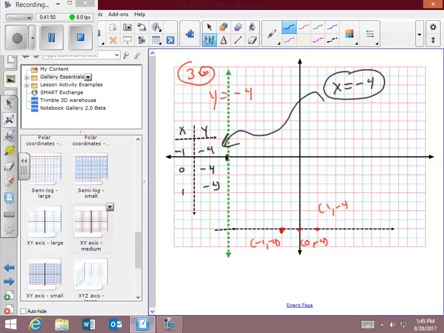And this one is y equals minus 4. Horizontal and vertical lines.